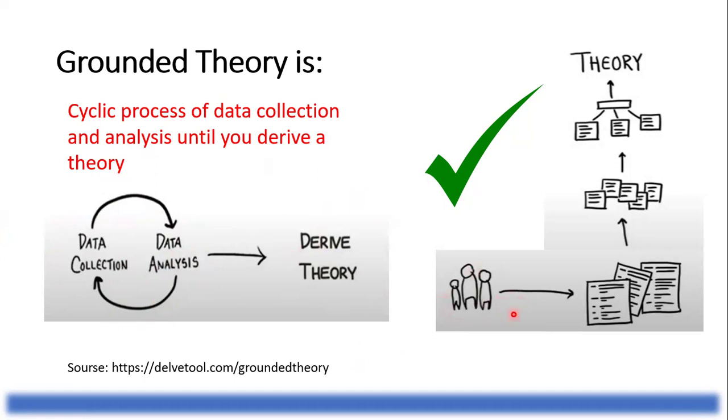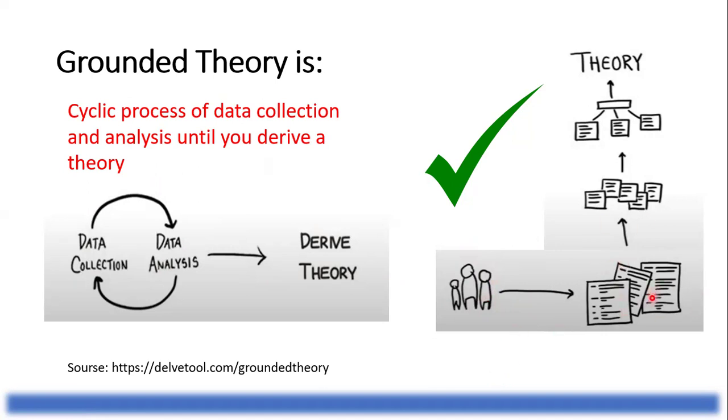So there are some participants from whom you collect data, then you code data, and then you categorize data to develop a theory. This process is known as grounded theory. So it is a cyclic process. You collect data again and again from different persons, and you get their subjective opinions, their subjective perceptions, their understanding, their concepts again and again.